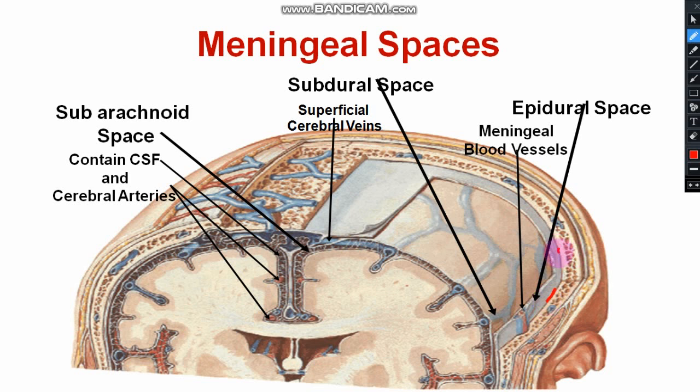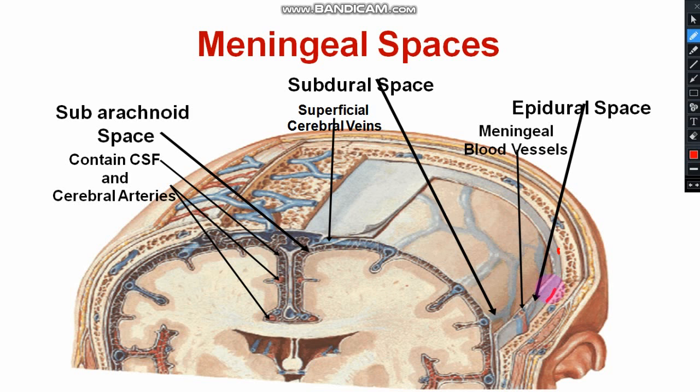But I said earlier that the outer layer, which is the endosteal layer, is tightly fused with the skull bone, so there is hardly any space. But due to some pathology, some space is created between the skull bone and the outermost layer of the dura mater.